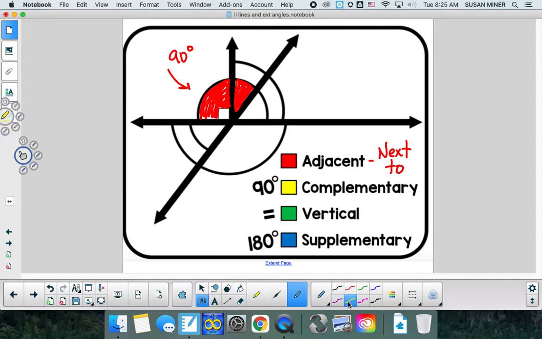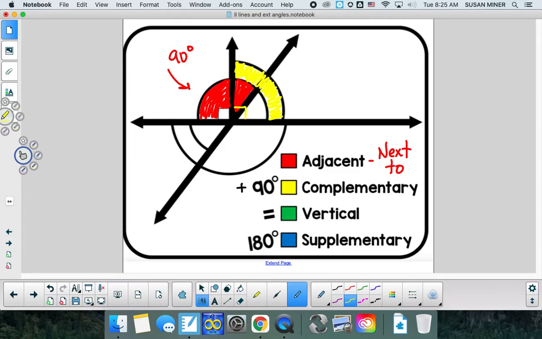Complementary angles add up to 90 degrees. So complementary are like a couple of different angles where their angle measurements add up to 90 degrees. An example of complementary angles would be this angle here and the one right next to it, right there. See, those two angles right there are making up this 90-degree angle that's over on this side.